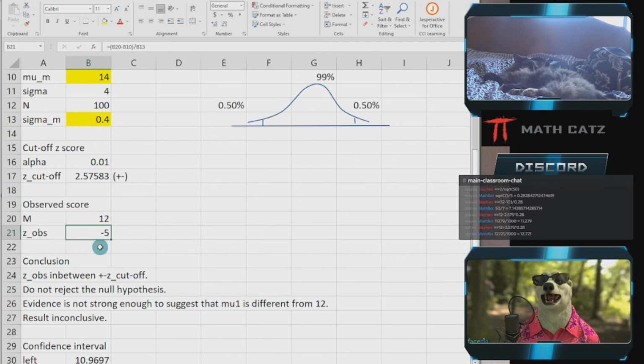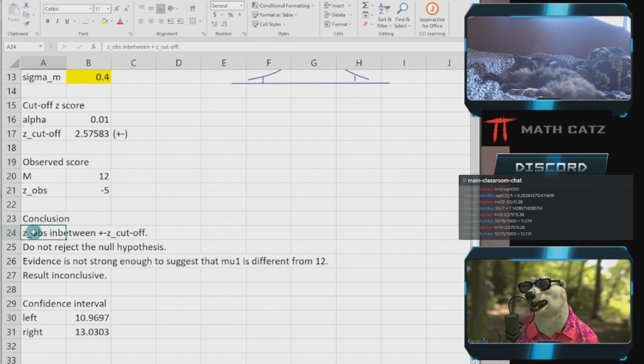And we get a -5. So we're way out to the left beyond the negative Z cutoff line. So we can update this and say the Z observed is less than the negative Z cutoff. That is extreme, and we do reject the null hypothesis.